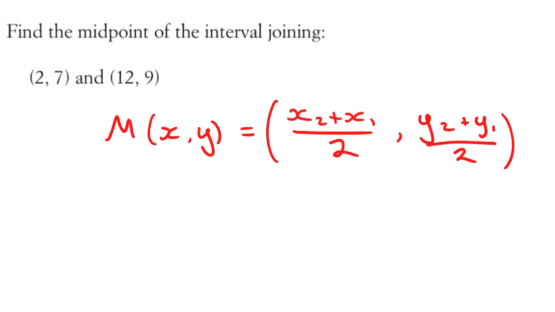The next thing I like to do is label my coordinates, and I like to just do it above. So x1, y1, x2, y2. Now we can substitute these in.